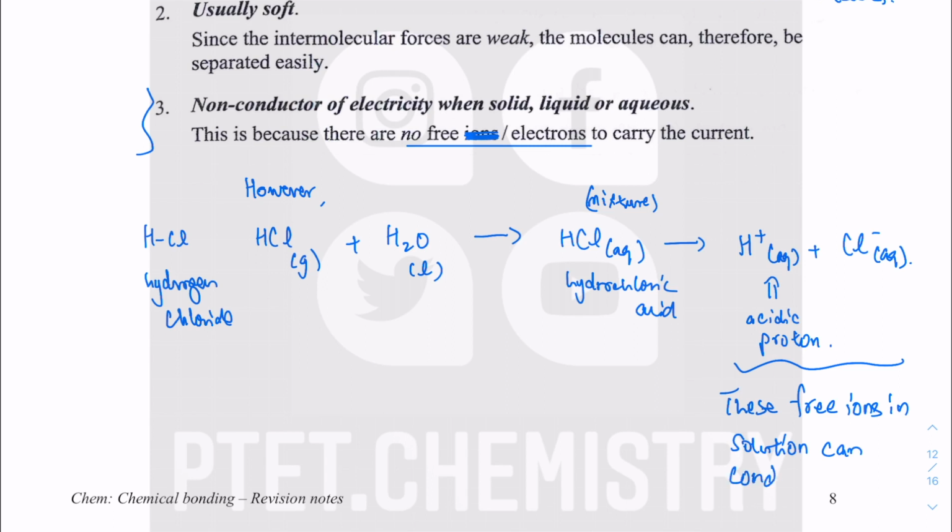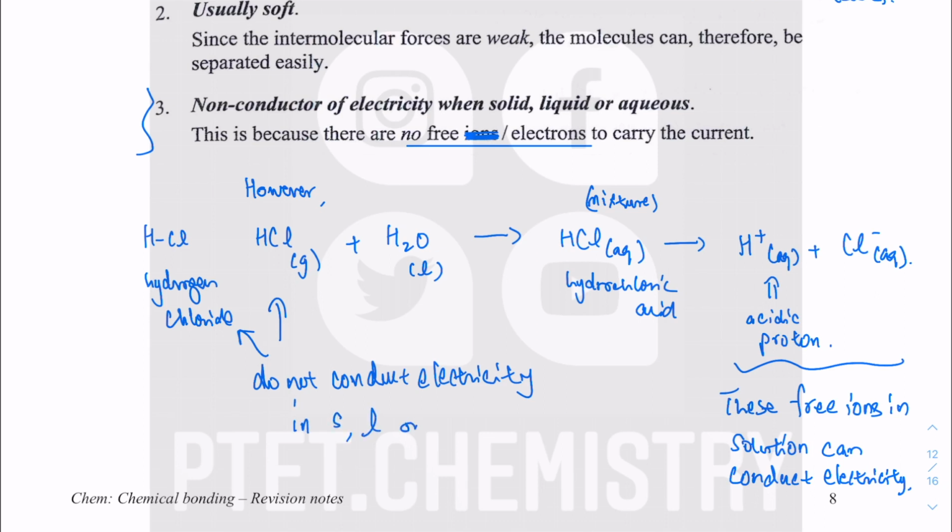So if you have hydrochloric acid, it can definitely conduct electricity, but hydrogen chloride does not conduct electricity, okay, because it is not the acid. There is no water in it. It does not conduct electricity in solid, liquid, or gas, because it exists as single individual discrete molecules. They are not ions, but in water they do form these ions, only for acidic substances.